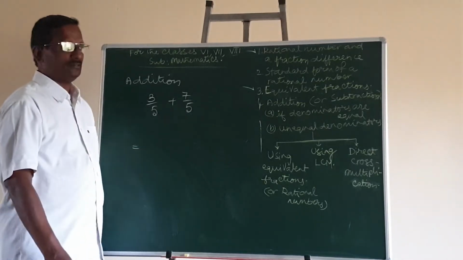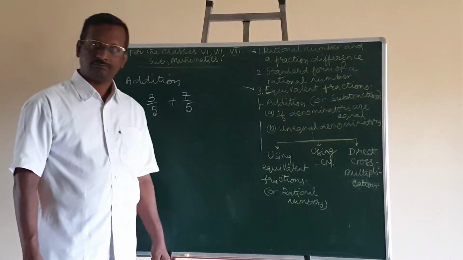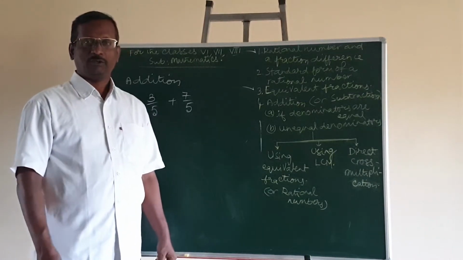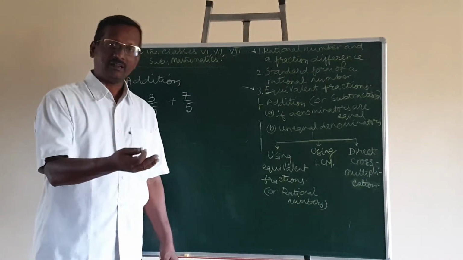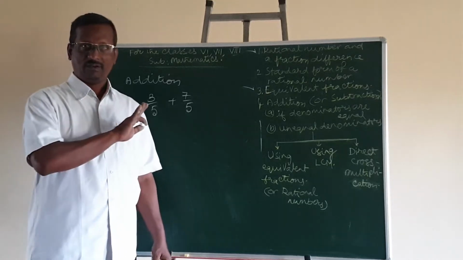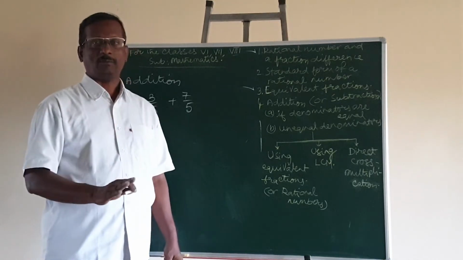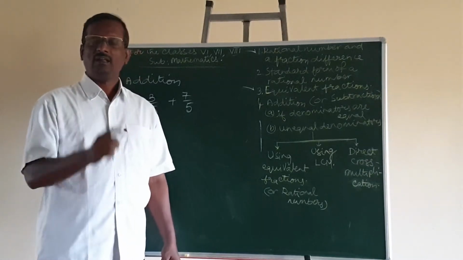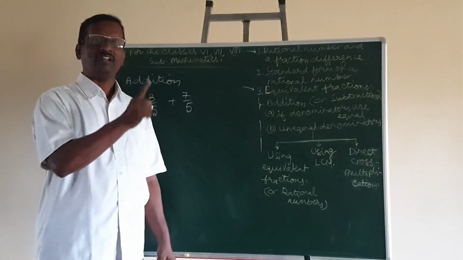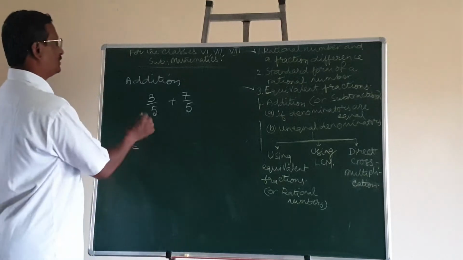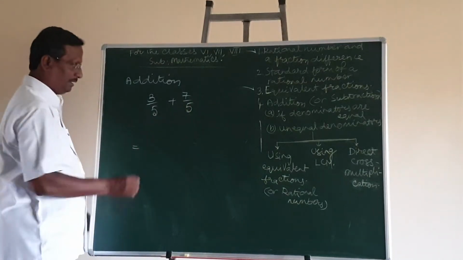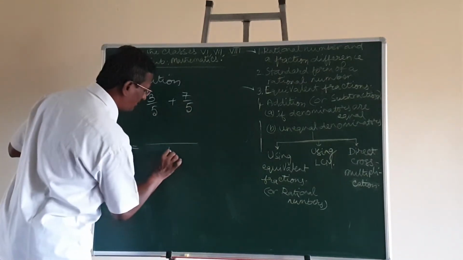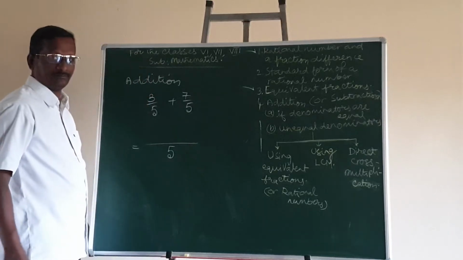While adding, there are certain children who do addition for the numerator and for the denominator. We will never do addition in the denominator. We are not supposed to do any addition in the denominator. Addition is possible only in the numerators. If the two denominators are equal, then you take this 5 as the common denominator.